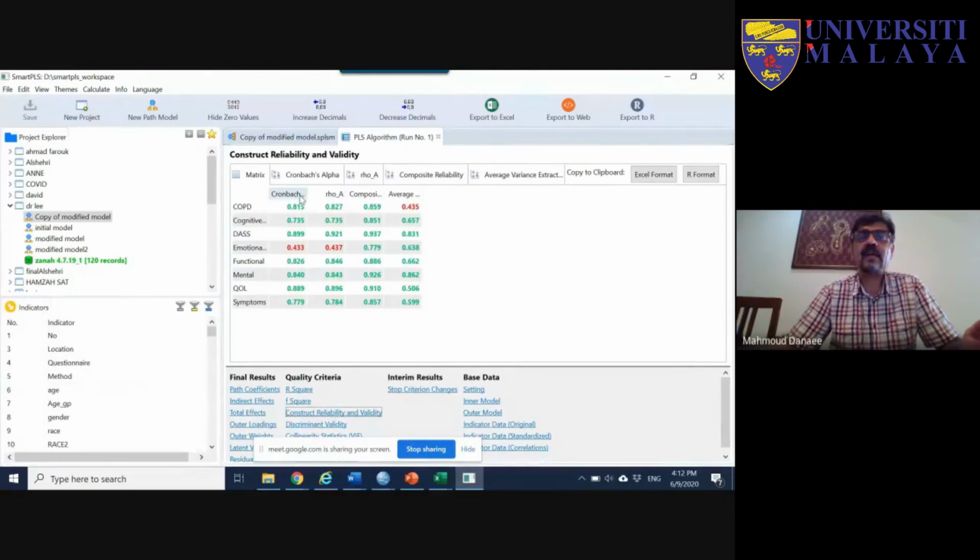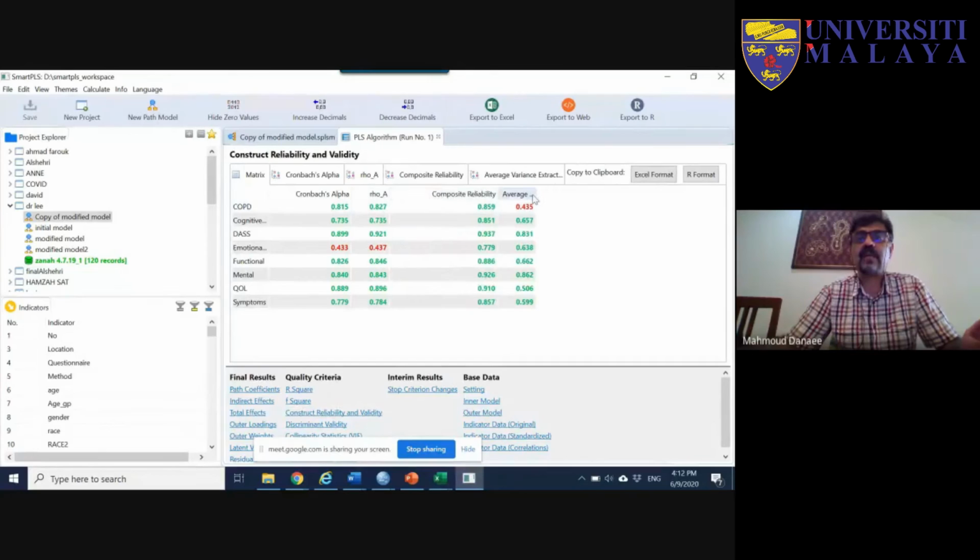If you click here, for each construct you have the Cronbach's alpha, the composite reliability, and also the average variance extracted. If the composite reliability and alpha are above 0.7, then you say that this construct is reliable.